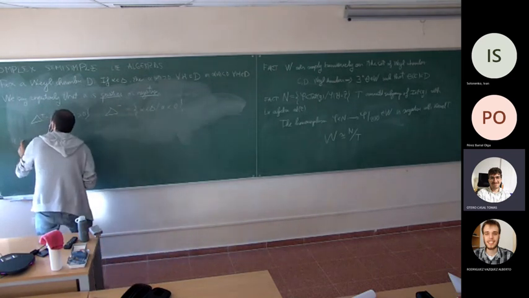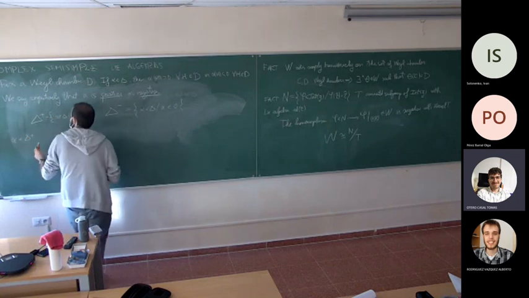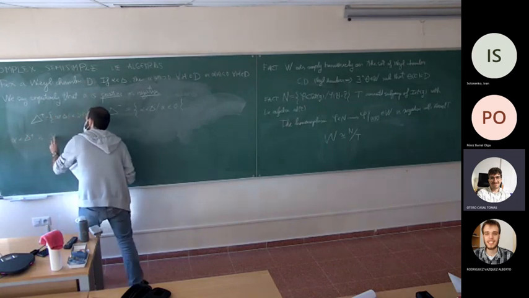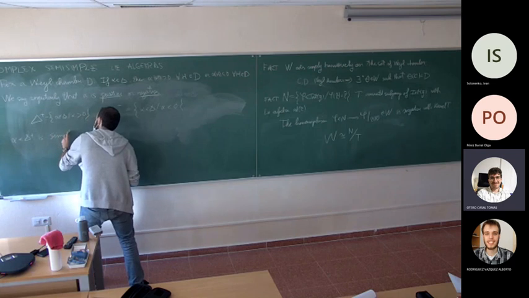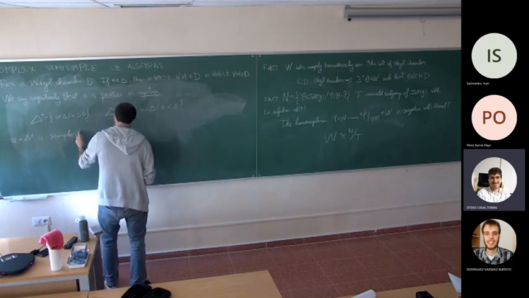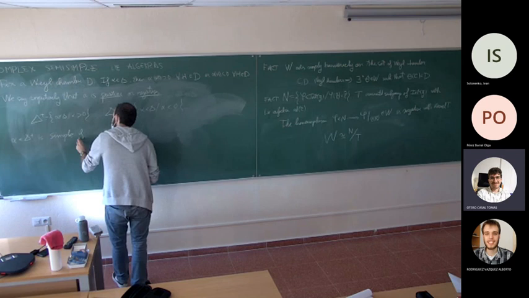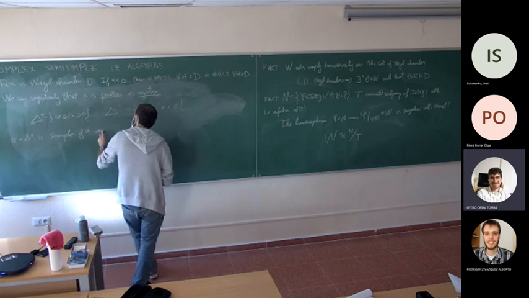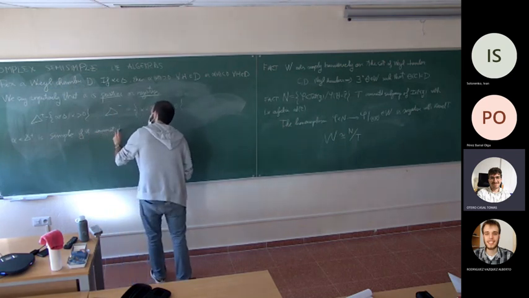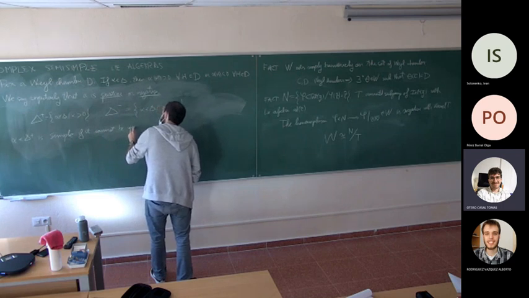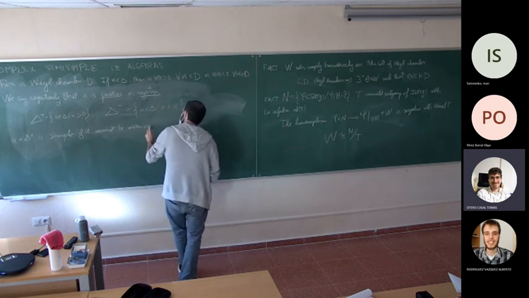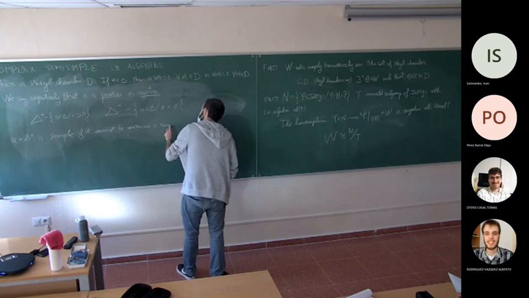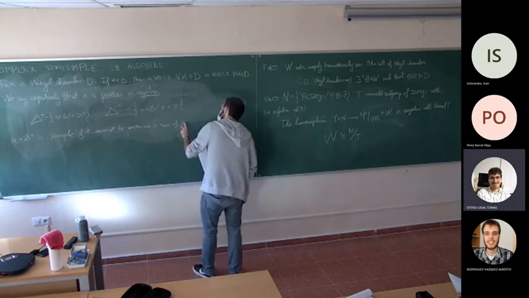So, an element of delta plus is simple if it cannot be written as a sum of positive roots.